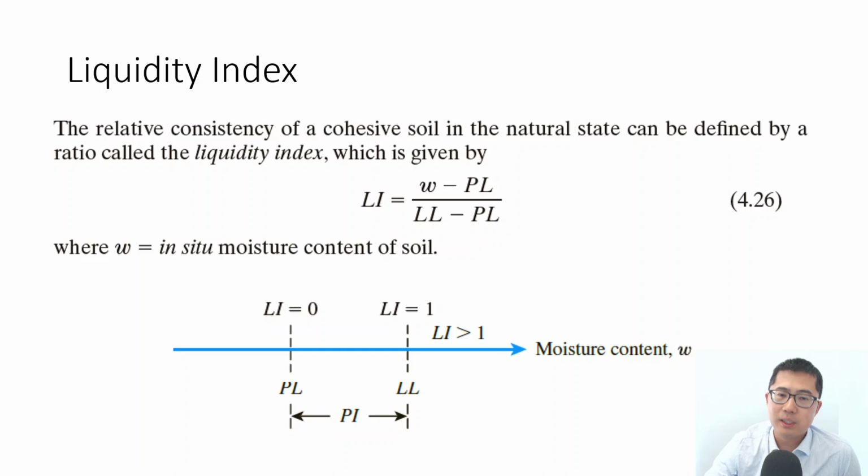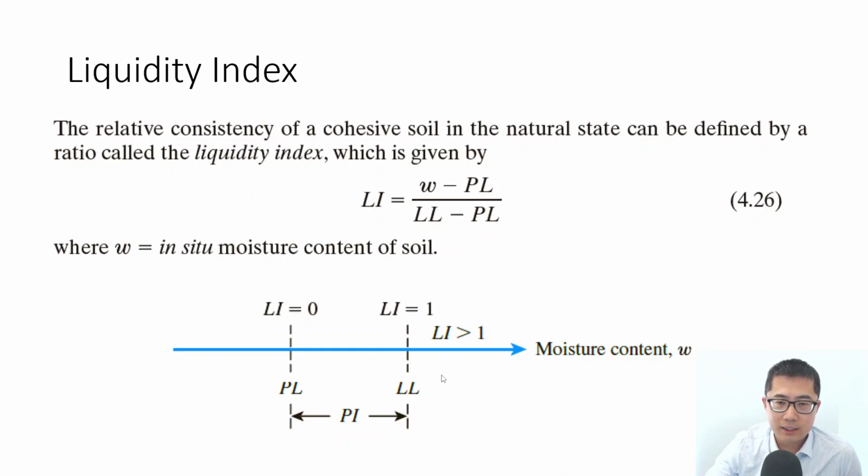As it's all sealed up pretty well, you don't really have to test immediately, but that's the moisture content. We're talking about that omega, the in situ moisture content, right over here. And then you do the test for Atterberg limits. You get the PL, you get the LL, and everything. So you can define your LI over here.